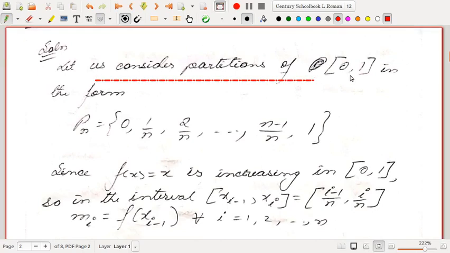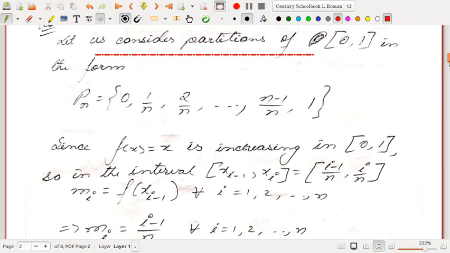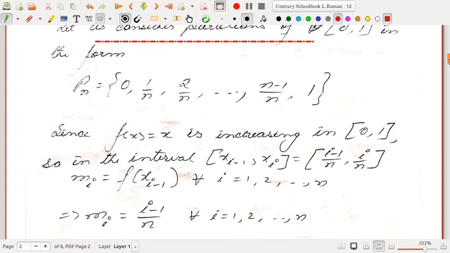Let us consider partitions of the closed interval [0, 1] in the form P_n = {0, 1/n, 2/n, up to (n-1)/n, 1}. It's like the partitions that we did in higher secondary classes, taking equal subintervals.